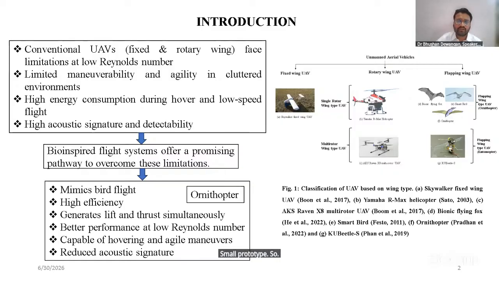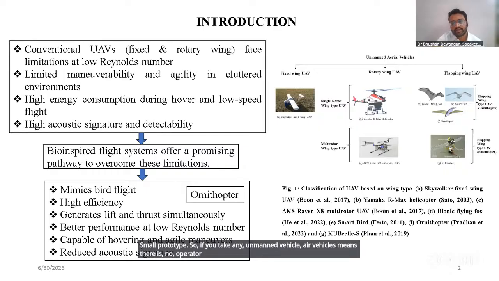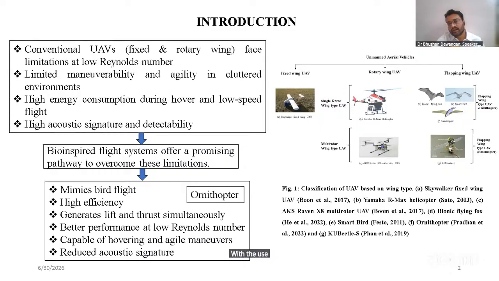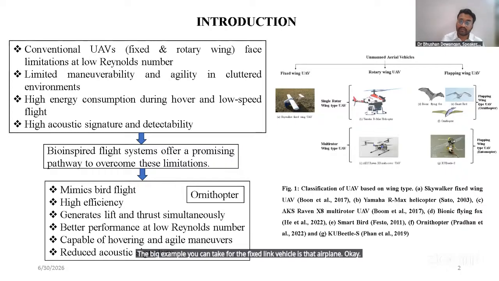If you take any unmanned air vehicle, it means there is no operator sitting inside it, and it works freely with the use of some remote operation or some kind of communication between the operator and the vehicle. The big example you can take for the fixed wing vehicle is the airplane. Here the wings are attached to the fuselage.